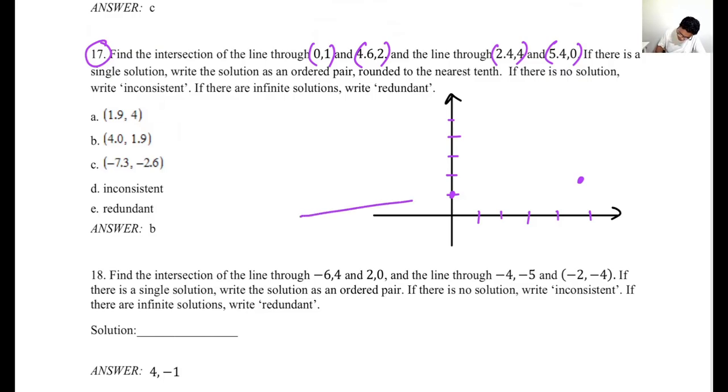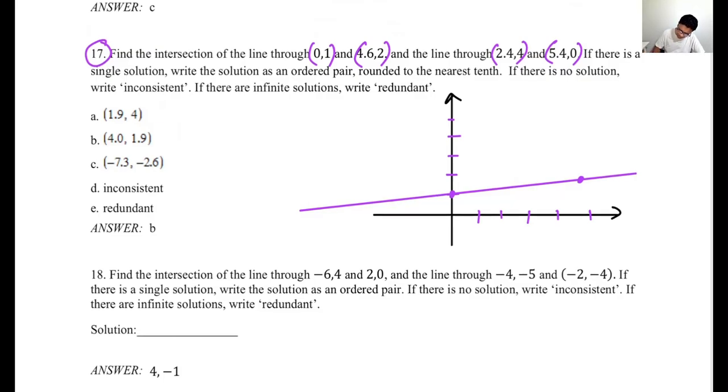So one of the lines would be this. And the other line is 2.44, approximately here, and 5.40, which will be somewhere here. And where they intersect will be our solution.